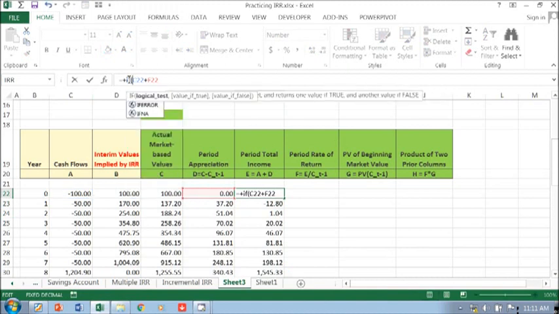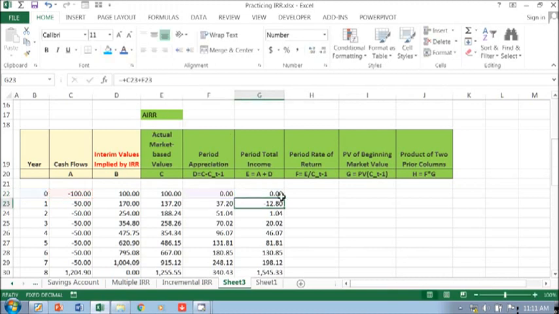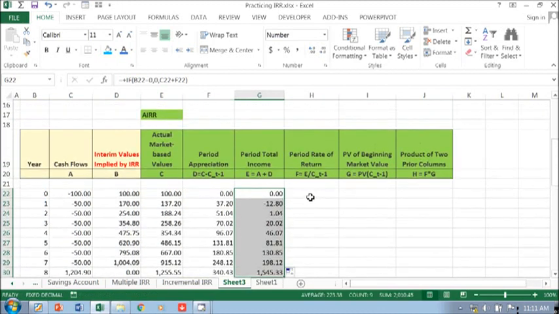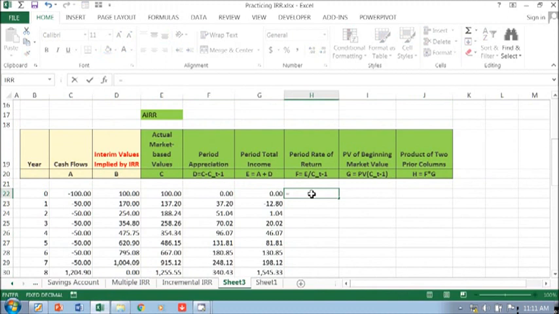Otherwise, it's this one. Then copy it down. And then the period rate of return is your E divided by your C, the previous balance.